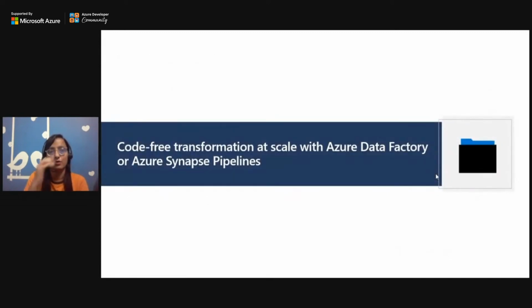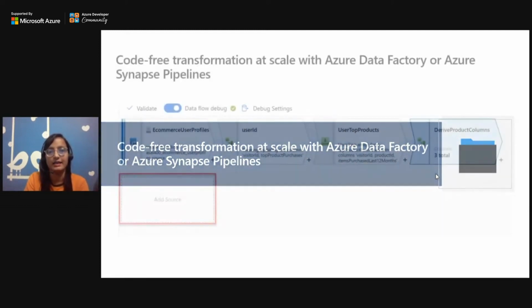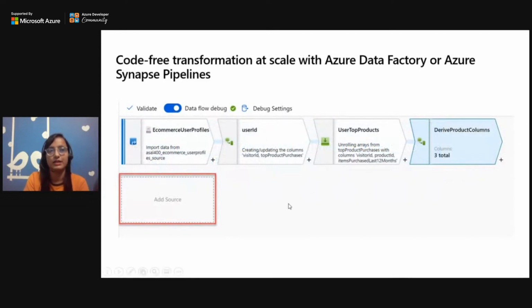Now let's understand what different transformations we have available at the Data Factory level and at the Synapse level. Here we are going to deal with Data Factory without code. Your Data Factory is a code-free ETL tool or ELT service, so you can use your data flow where you do not need to write any code.